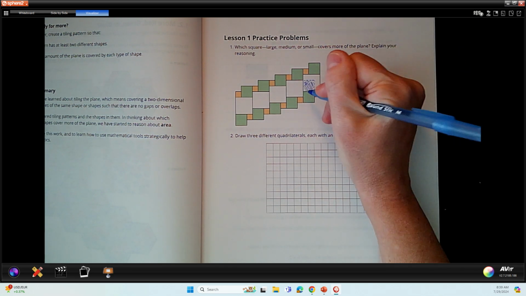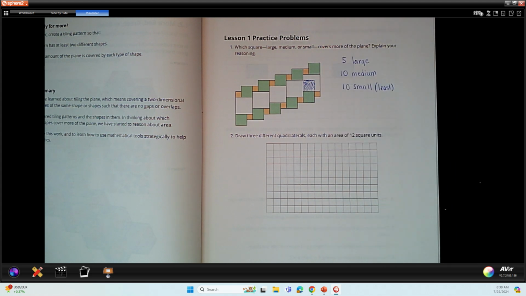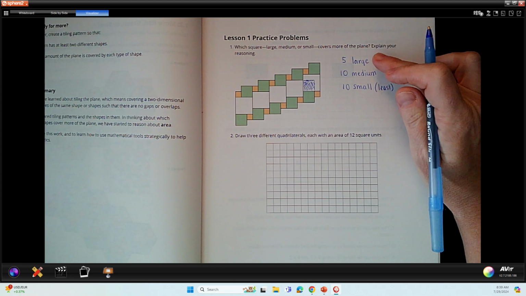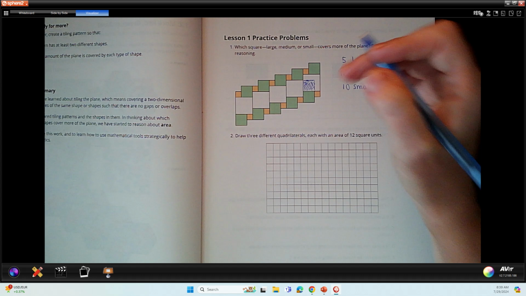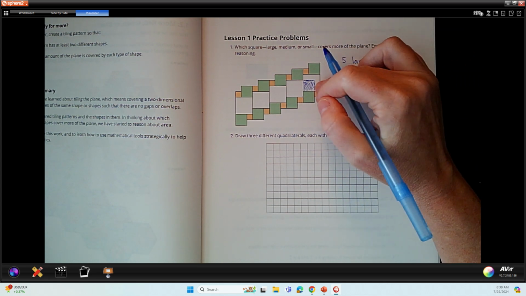And if you look, you can see that there are more greens than there are whites. So there's more of these medium size squares than there is this large one. So 2 of these is going to cover more than this square.